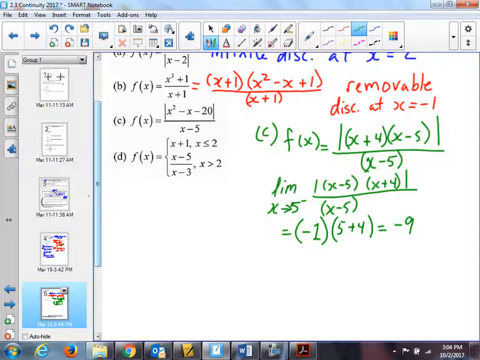Okay. Then, the limit, let me change colors again, just so that we know it's not the other limit, of x approaching 5 from the right-hand side.